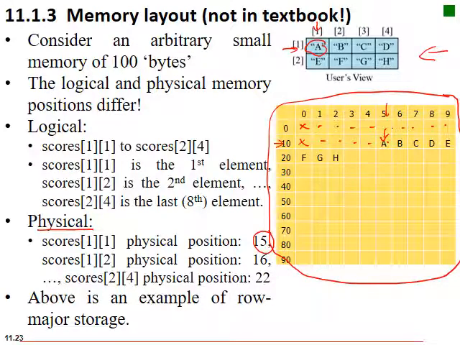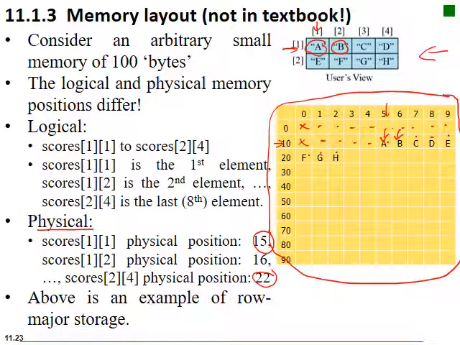Scores 1, 2, which would be that element over there, is stored at physical memory position 16. C will be at 17, D at 18, and so forth, up to 19, F at 20, G at 21, and H at physical block 22.